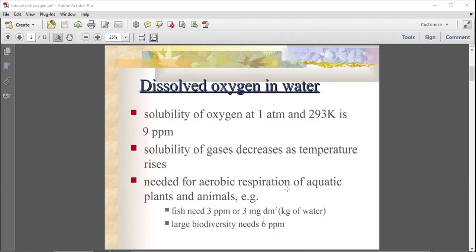So we have to take one conclusion: what is the meaning of ppm?